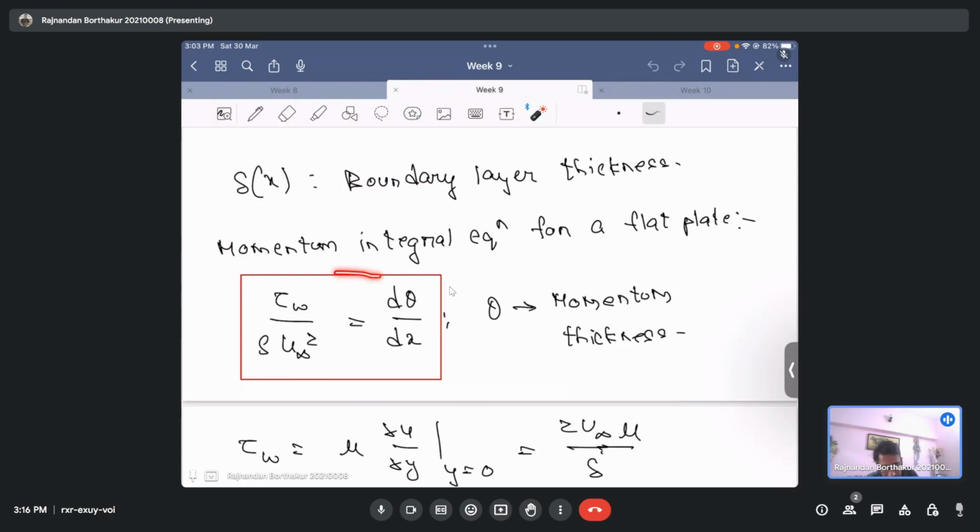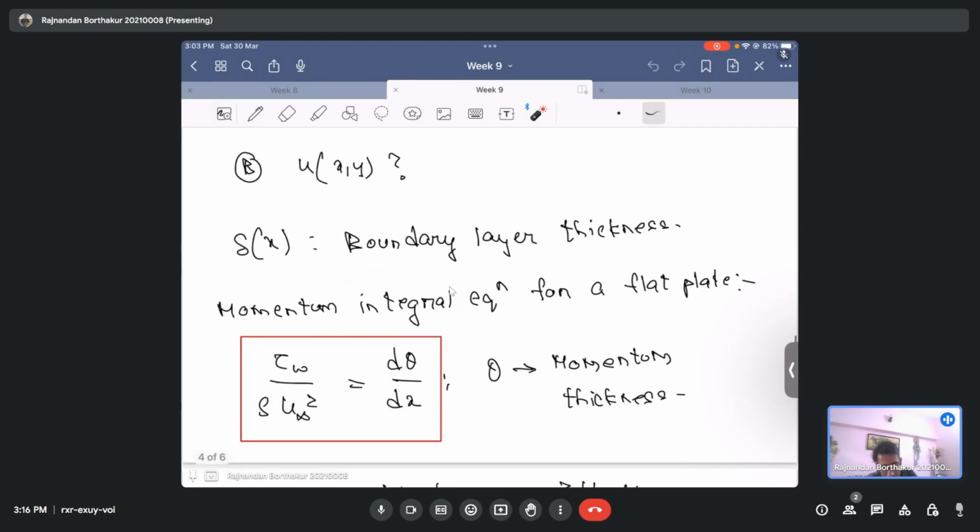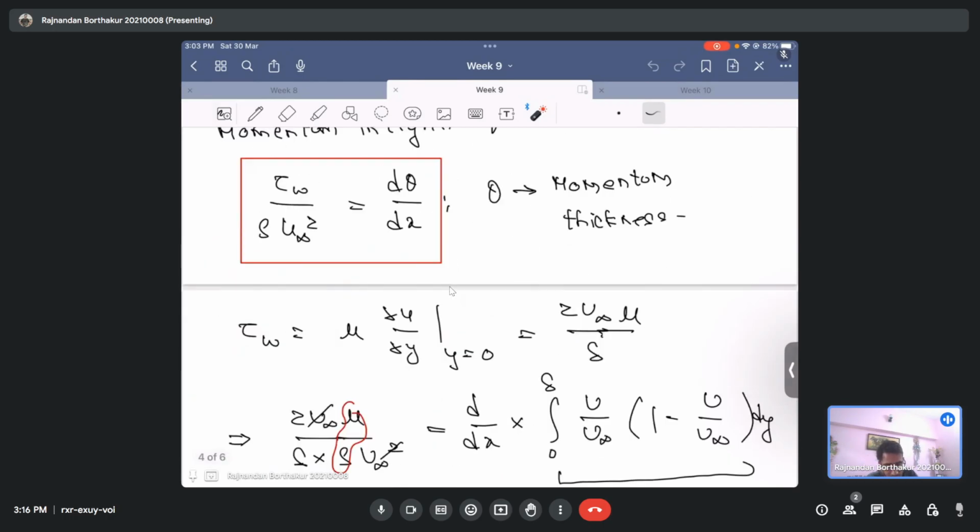For a flat plate, the integral equation reduces to this form, which says that the wall shear stress divided by the flow kinetic energy is equal to the change of the momentum thickness along the x direction. Sorry, it's not the rate. Nonetheless, this was the momentum integral equation that we used to evaluate how the boundary layer thickness delta varied with x.